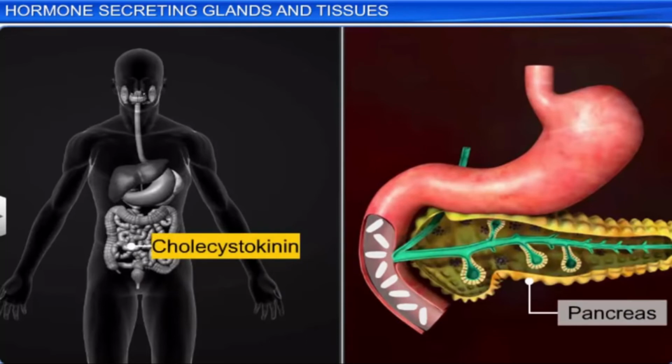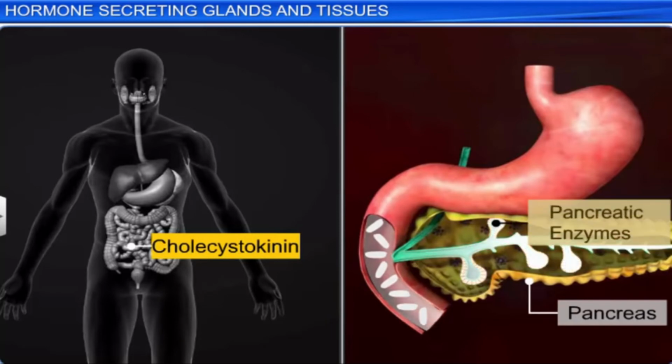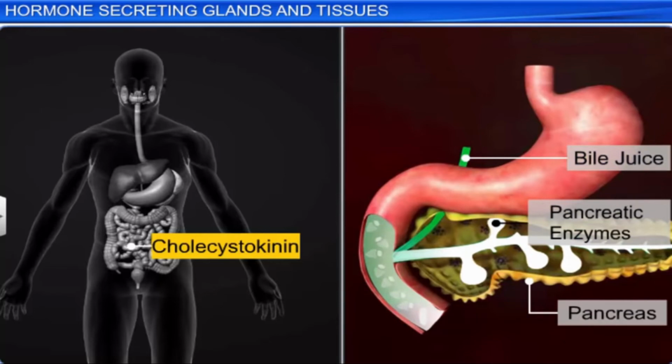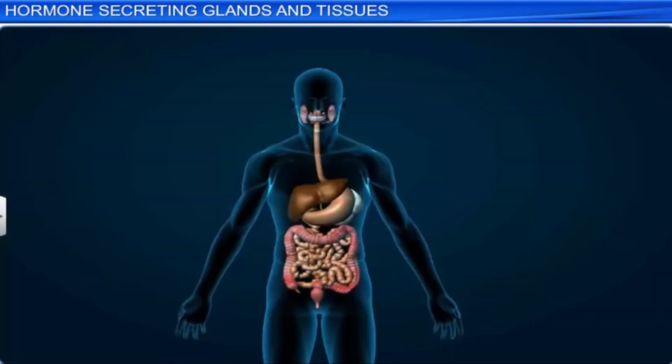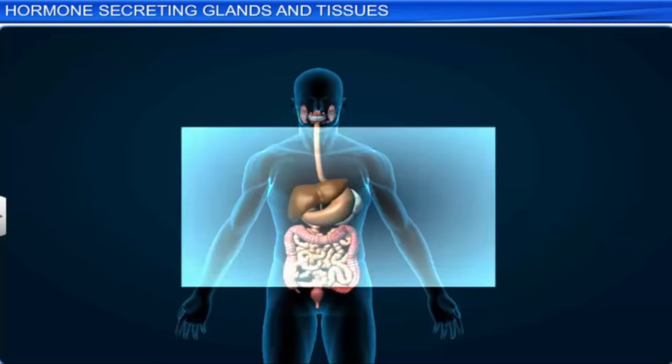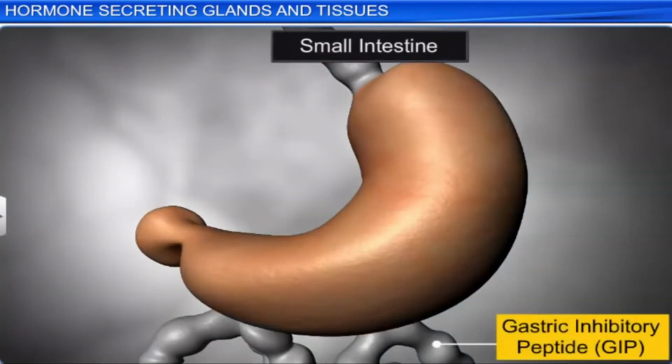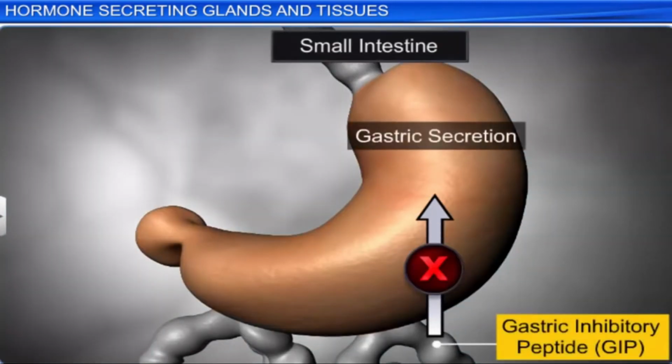Cholecystokinin is secreted by the small intestine and stimulates the pancreas and gallbladder to secrete pancreatic enzymes and bile juice respectively, which helps in the digestion of food. Gastric inhibitory peptide or GIP is also secreted by the small intestine and inhibits gastric secretion and motility.